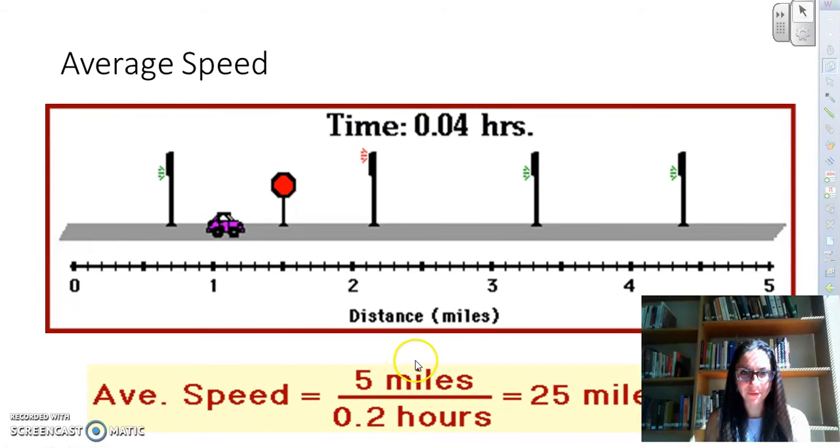So average speed is 5 miles divided by 0.2, which gives us 25 miles per hour. But you can see at any one instant that the speed does not represent 25 miles per hour. You can see at the stoplight right here that it can be 0, or stop sign, and then same thing right here. So our average speed just gives you a general sense, not the actual speed at any point.